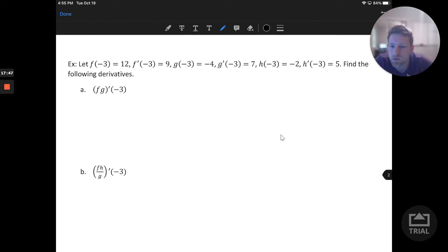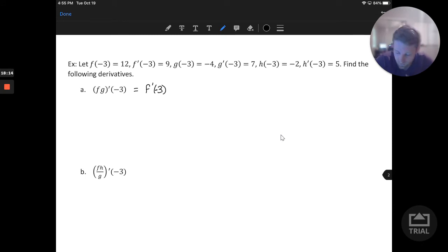We have a, which is f times g prime at -3. So if I considered a product rule at a given point, one way I could evaluate this is, again, the derivative of the first. We'd call that f prime of -3 because we're now evaluating at the point.